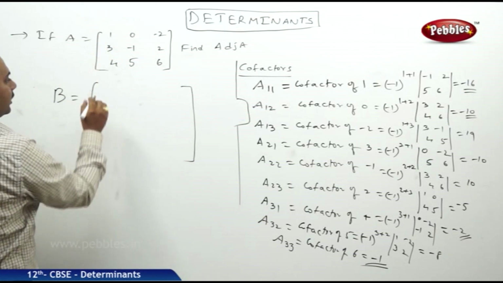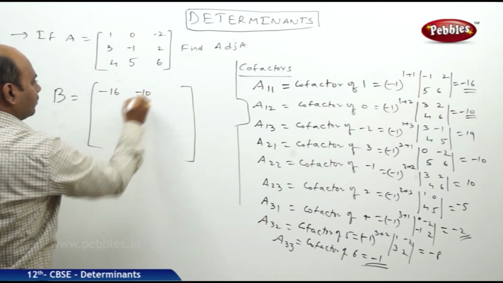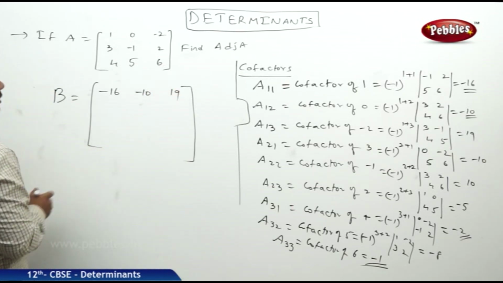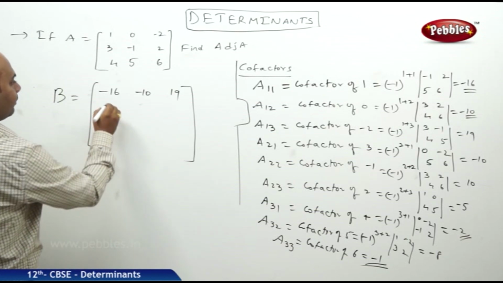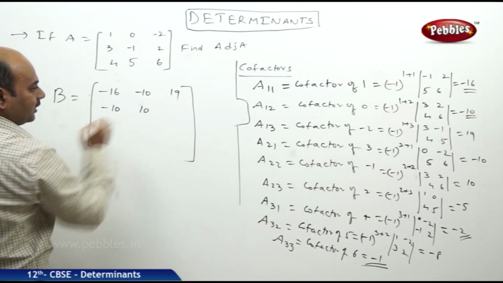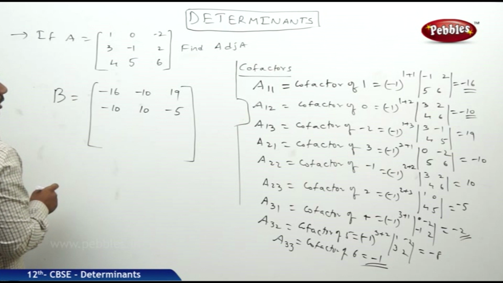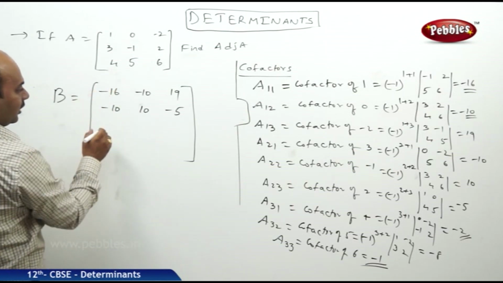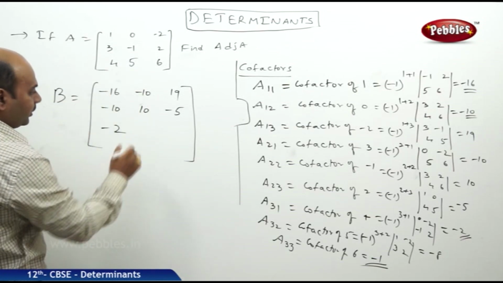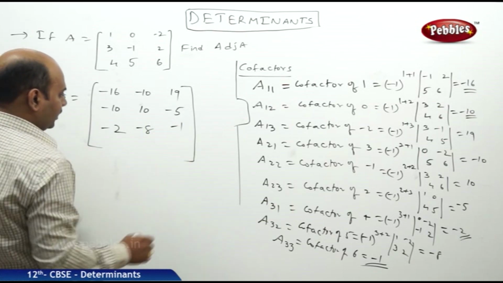That means the cofactor of 1 I obtained is minus 16. For 0, minus 10. For minus 2, I obtained 19. For 3, minus 10. For minus 1, 10. For 2, minus 5. For 4, minus 2. For 5, minus 8. For 6, minus 1.